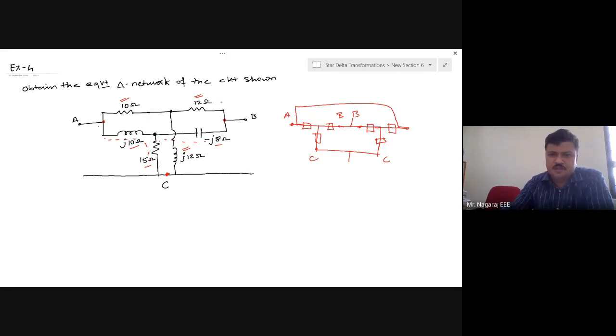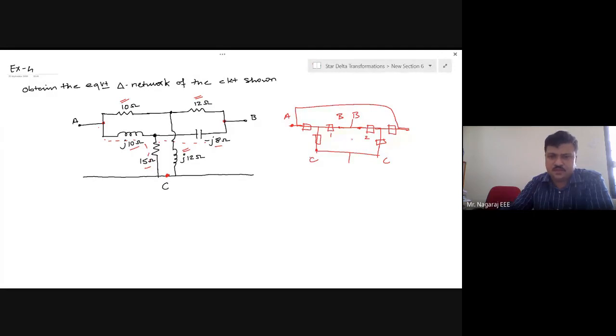Now having two star networks in parallel is a bit complex to solve, because suppose if you take this impedance and this impedance, I cannot say they are exactly in parallel to each other. So to get the solution of this circuit, I have to convert this into delta network.